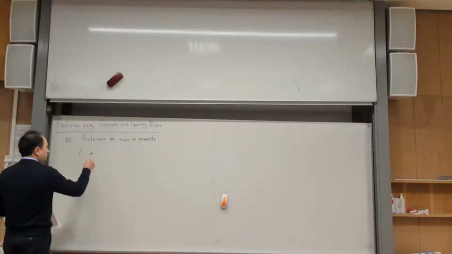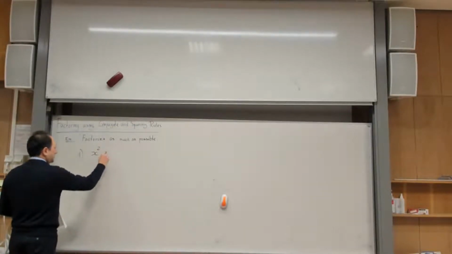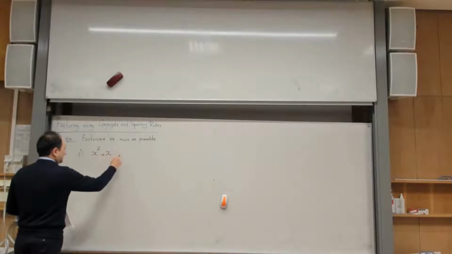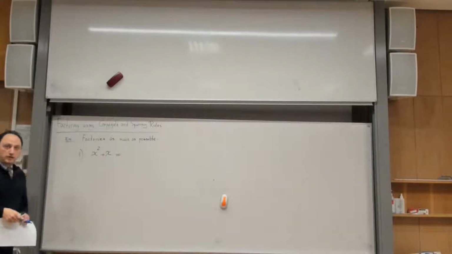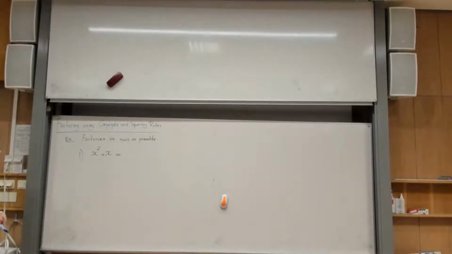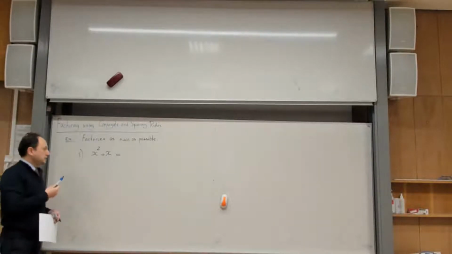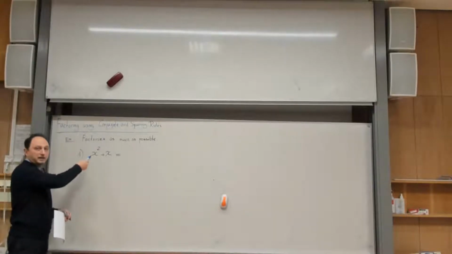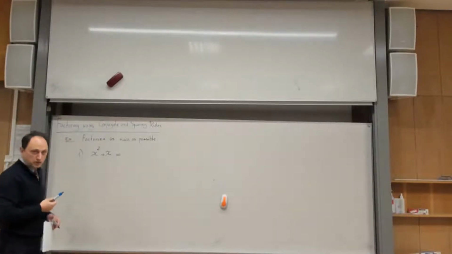I just want to make sure that you know this is a very simple one: x squared plus x. So what is the answer if I want to factor? What can I factor out? You should be able to do this immediately. So you need to write this as a product so that when you multiply it back, it gives you this.